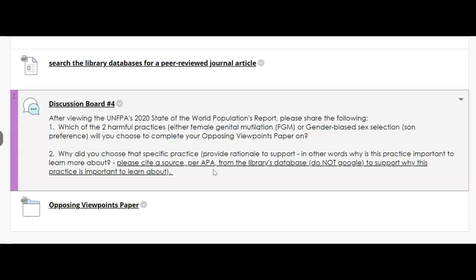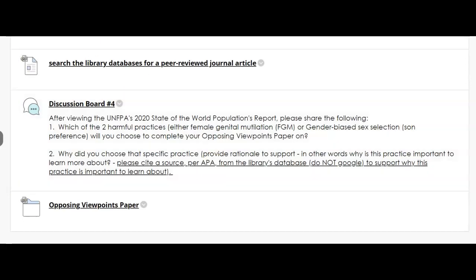We need to use the library database to get the best evidence. That's where the peer-reviewed journal articles are going to be located. It is an excellent resource, and it really is fairly simple to use. So I want you to cite a source of why this practice is important to learn about. So that's your discussion board.